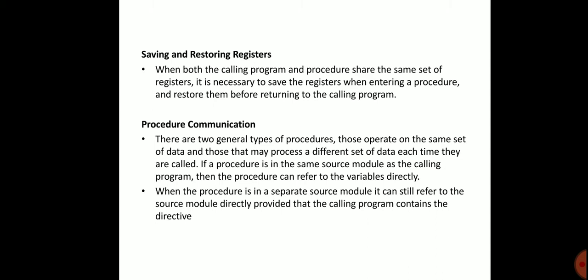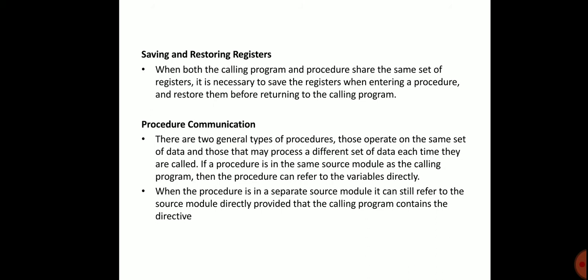A procedure may be, number 1, in the same code segment as the statement that calls it. Number 2, in a code segment that is different from the one containing the calling statement but in the same source module as the calling statement. Number 3, in a different source module and segment from the calling statement.